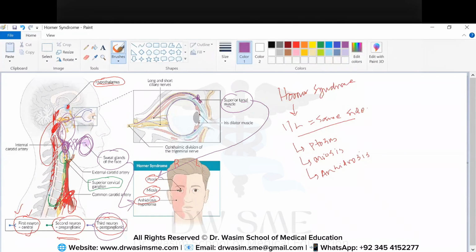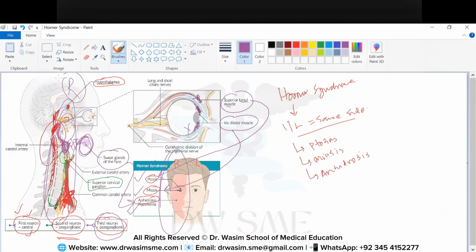And the third thing, it also supplies the iris dilator muscle. This is the iris dilator muscle. If this supply is lost, it will cause miosis in the patient. So ptosis, miosis, and anhidrosis will be on the ipsilateral side. That is, if this is the right side, the lesion will also be on the right side.